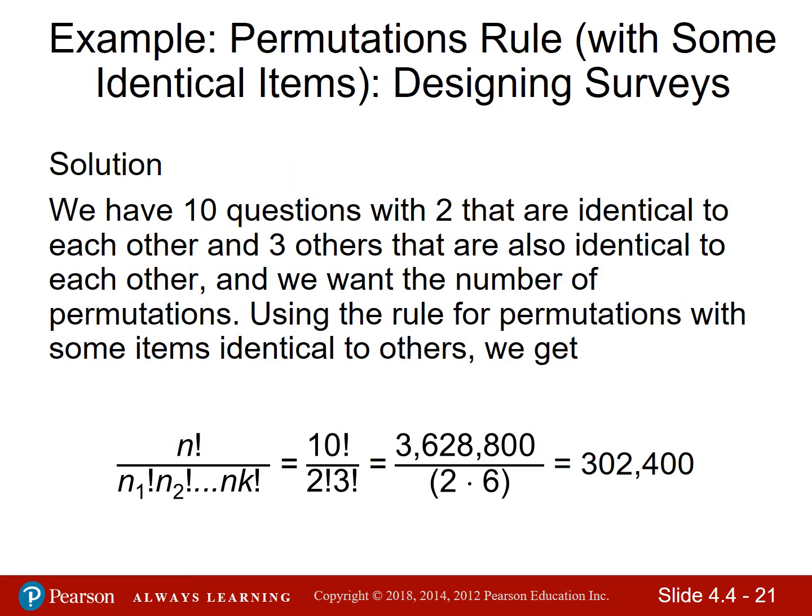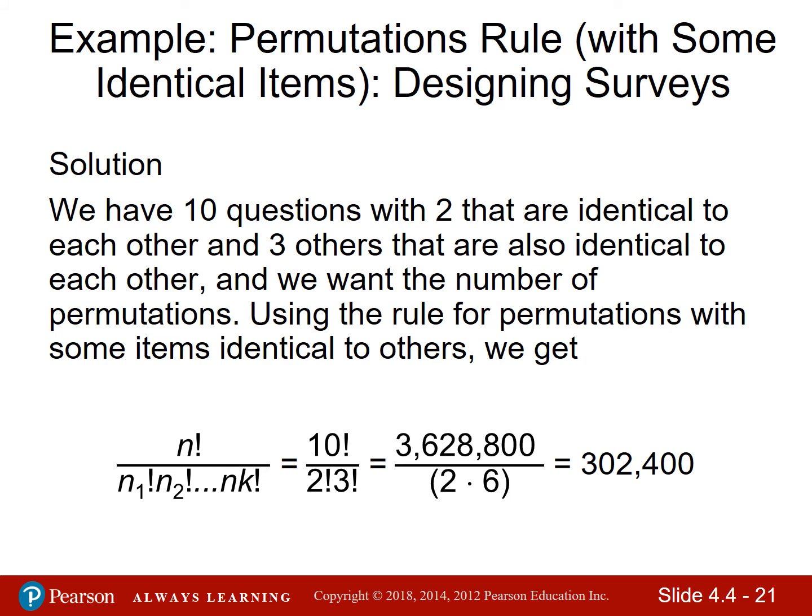So we have 10 questions with two that are identical to each other and 3 others that are also identical to each other, and we want the number of permutations. Using the rule for permutations with some items identical to others, we get factorial 10 divided by factorial 2 times factorial 3.